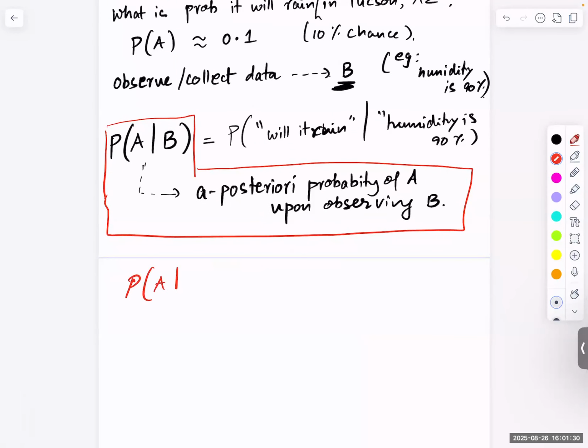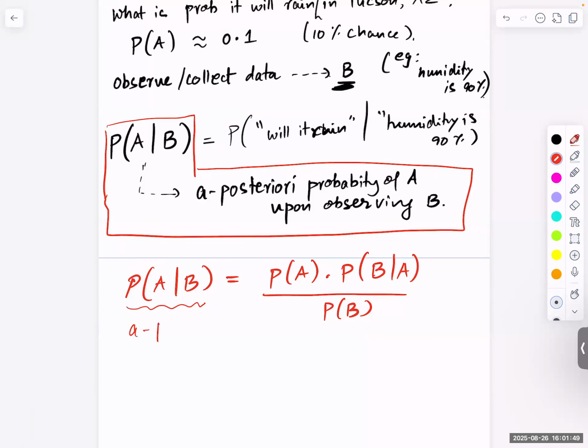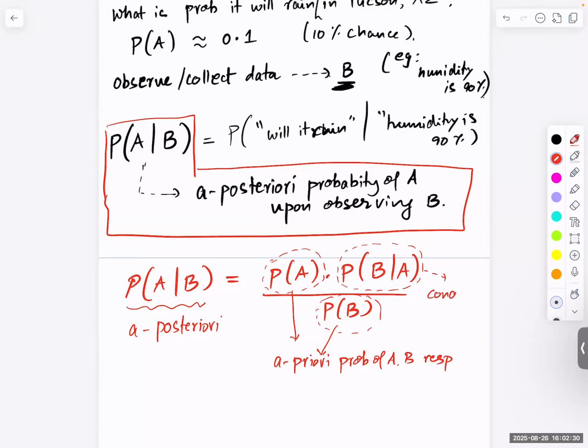Bayes' rule is saying that P of A given B is P of A divided by P of B, times P of B given A. So in some sense, if you think about this as your a posteriori probability, then it's relating you to the a priori probability of A, the a priori probability of B, and this is referred to as the conditional probability of B given A. We don't usually refer to B given A as a posteriori of B given A, but by conventional naming, it's called the conditional probability of B given A. So these are the a priori probabilities of A and B respectively, and this is just the conditional probability.